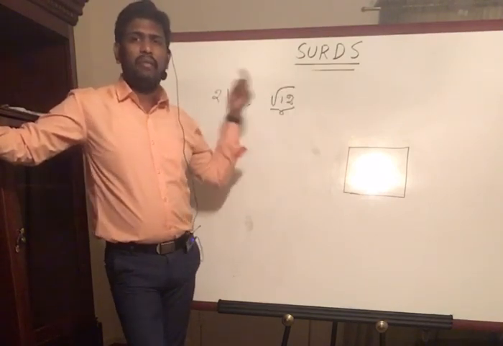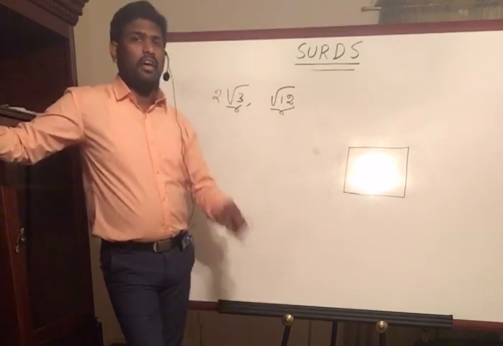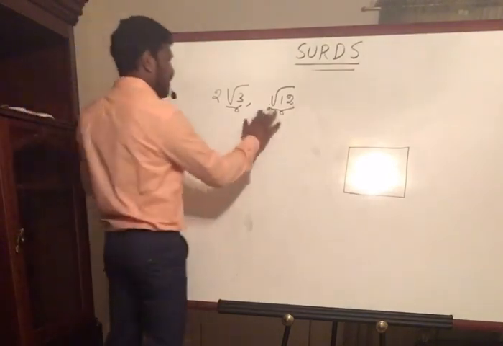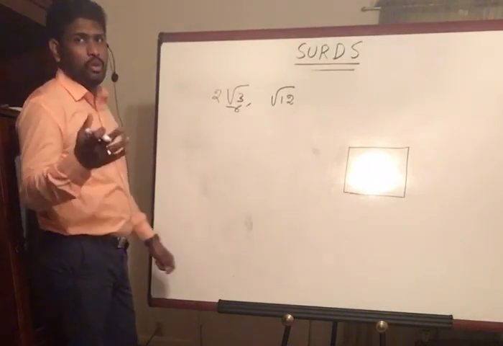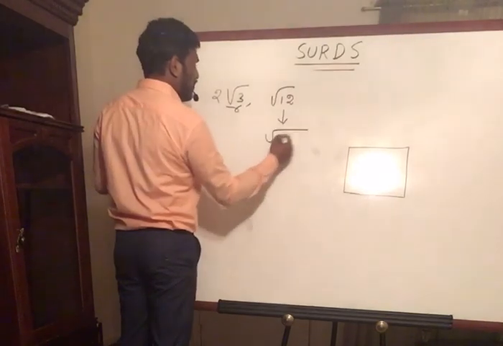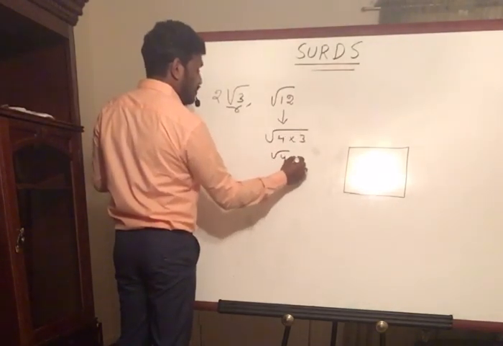Because they are not same Surds, they cannot be similar. But if you further simplify this root 12, as I already discussed, converting pure to mixed, this is a pure Surd which can be further simplified as root of 4 times 3.